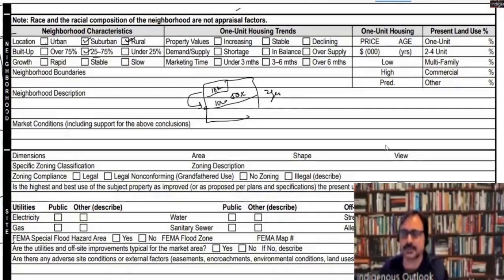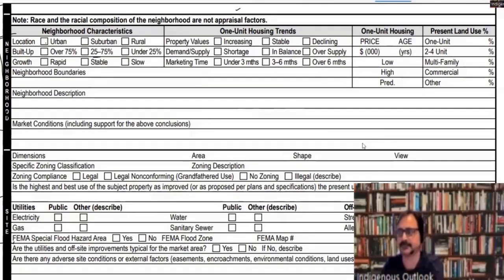Rapid growth is possible only in an urban area. Do you think it will happen in a suburban area? No. It will be very slow in a rural area. We cannot say that a rural area has rapid growth. It is possible, but that needs to be justified by the appraiser or any company that creates the appraisal.